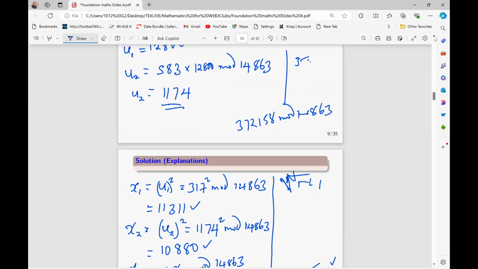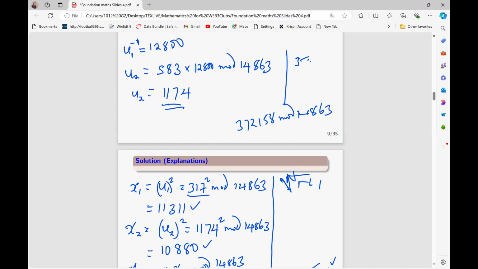What he squared was 317. He squared 317, and 317 is what gave him X1 on squaring. So when he's asked to get the square root of X1, he forwards 317 to Alex.